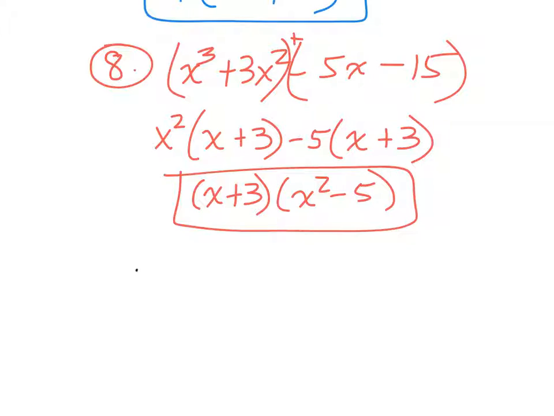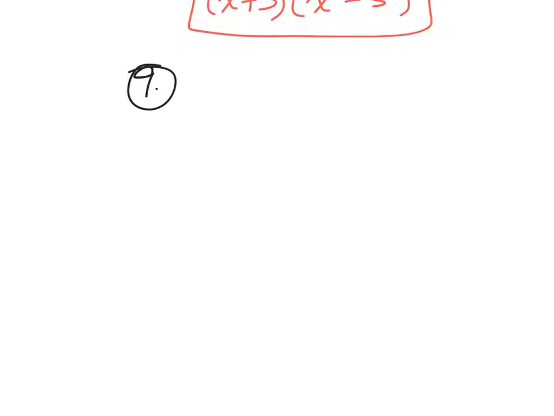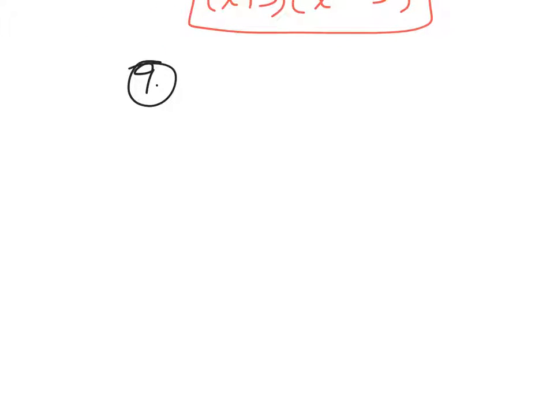Well, the next problem I picked out was number 9. It had x squared minus x minus 72. Let's look for a common factor. We don't find one. We count the terms.